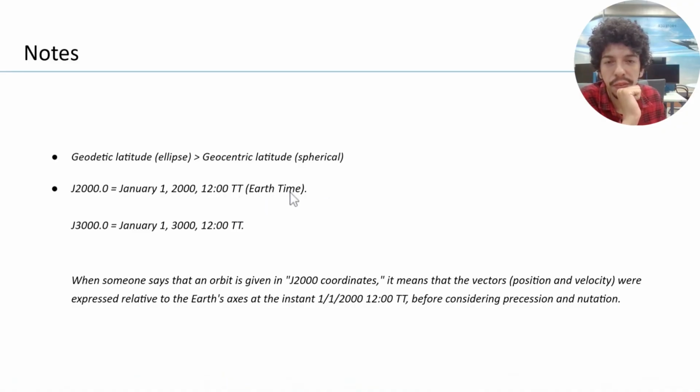When someone says that an orbit is given in J2000 coordinates, it is meant that the position and velocity vectors were expressed relative to the Earth's axes at the instant of January 1, 2000. Okay, before considering precession and notations.